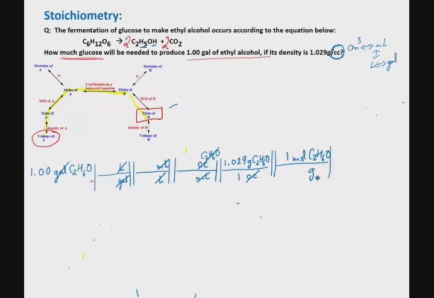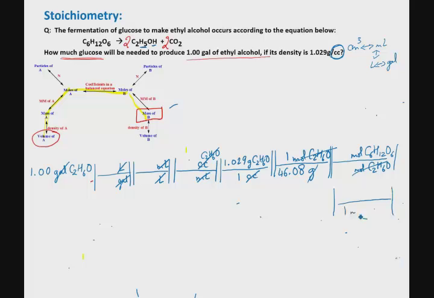The molar mass of ethyl alcohol is calculated out to be 46.08 grams. And then once you have moles of ethyl alcohol, that can be converted into moles of glucose, C6H12O6. And of course, moles of glucose can then be converted into mass of glucose using molar mass of glucose.